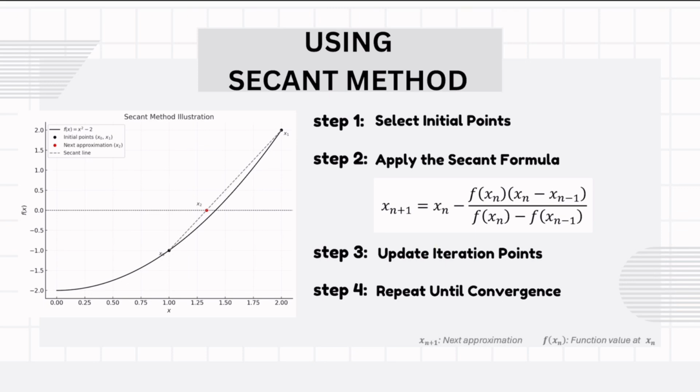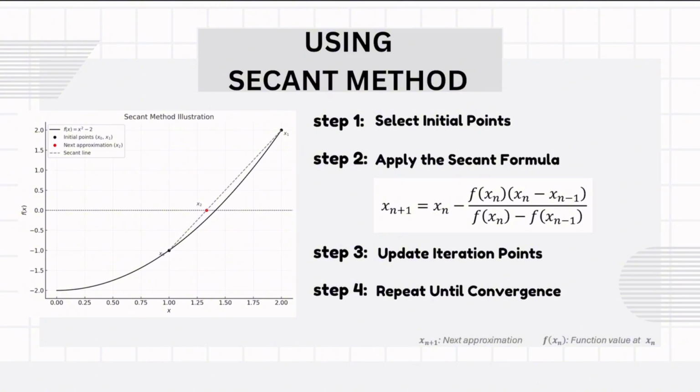About the picture at the left, the graph displays the curve of f(x), which represents the target function. The horizontal axis represents x values, while the vertical axis represents f(x) values. 2 points are marked on the curve. These are the initial points of the secant method and represent the first and second guesses for the root.